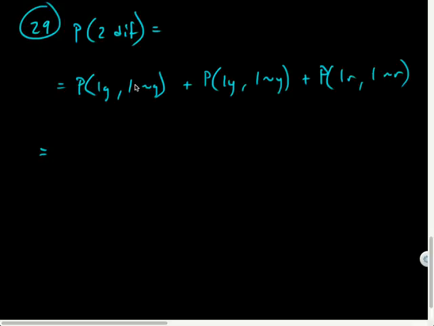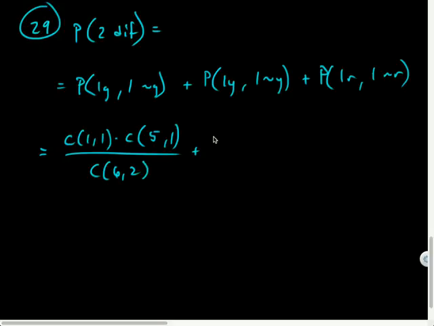So the probability of 1 green and 1 not green. How many green were there? There was 1. How many not green were there? There's 5 not green over combo 6-2. Let's see, how many yellow were there? 2. So what's the probability of selecting 1 from the yellow and then 1 from the not yellow?